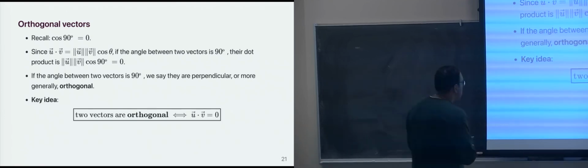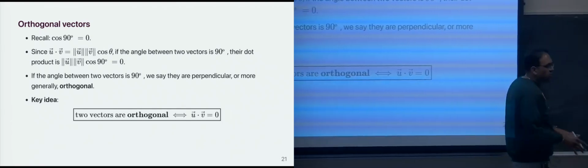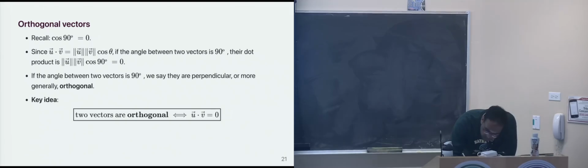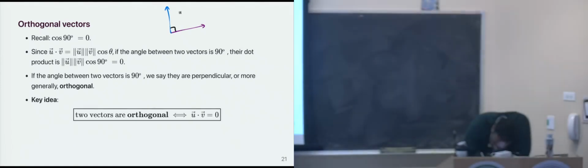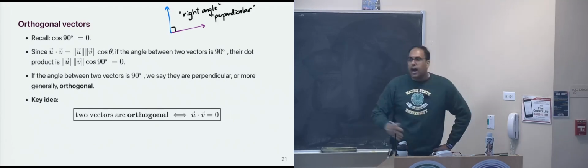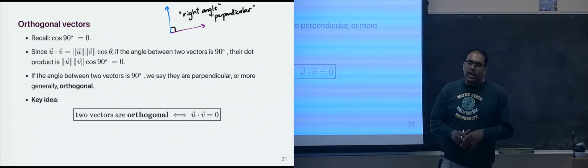Now, if we have vectors in 2 dimensions, we say that a right angle means they're perpendicular. But in higher dimensions, we say that 2 vectors with a right angle are orthogonal.